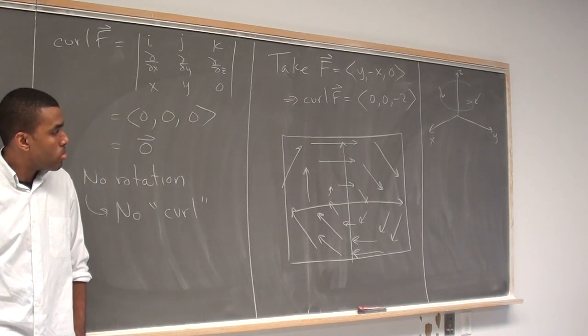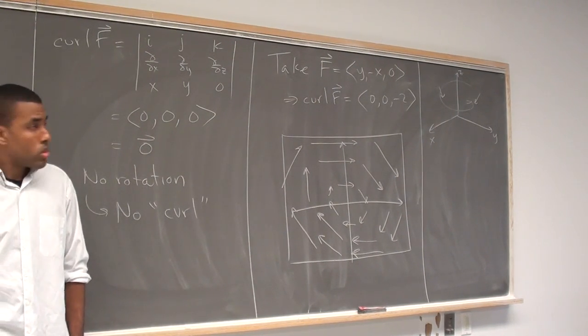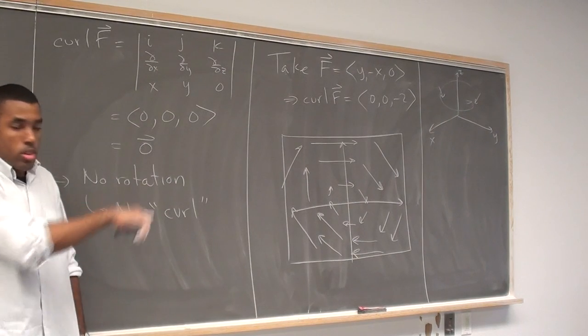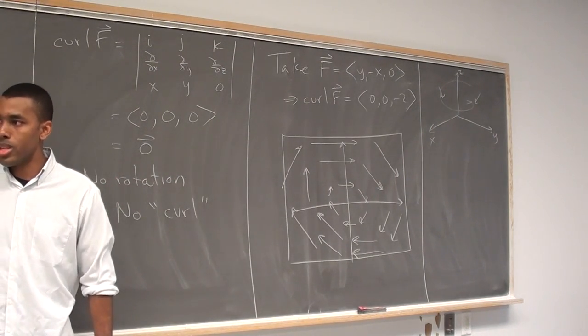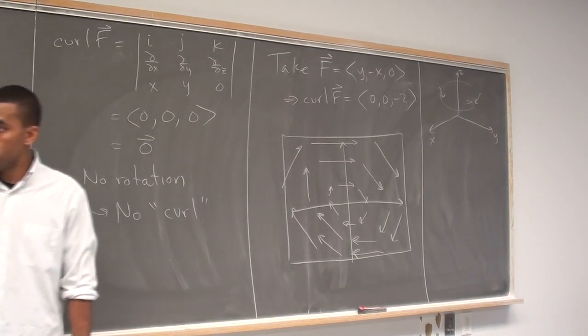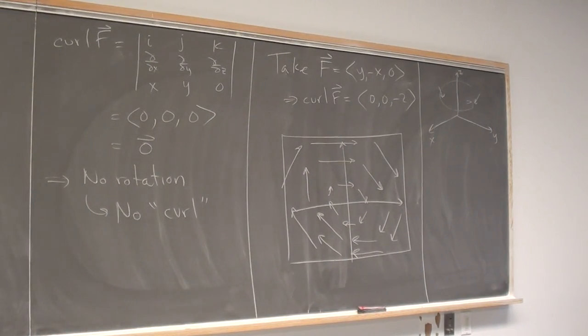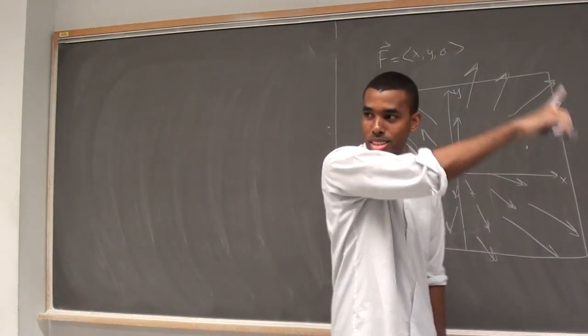Yeah, it's rotating around the z-axis. But there's no real counterclockwise or clockwise distinction. The larger the negative number, the steeper, the faster it goes down. Right, so yeah, water going down a drain. That's the equation.